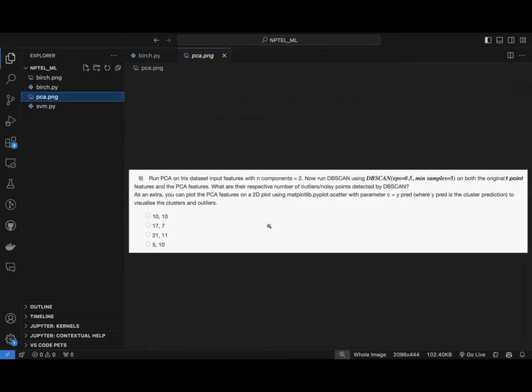So it's saying that first you do PCA on the features. PCA will give you a reduced number of features, and now it will give you two features. PCA will give you the dimensions where the data is varying the most, and it will reduce the dimension to 2 from 4, because in iris we have 4 features.